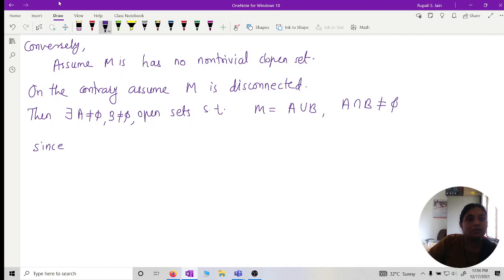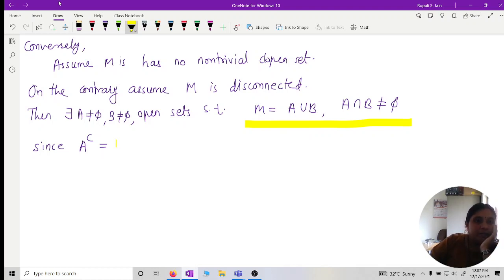Now what is A complement from these two? A union B is nothing but M and A intersection B is empty. What is A complement?